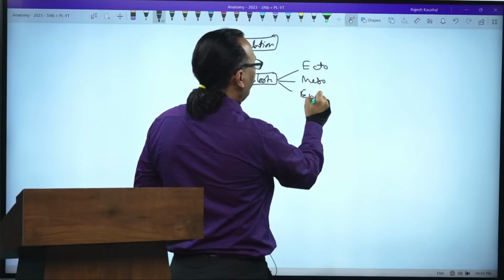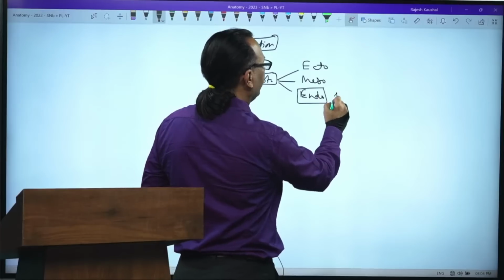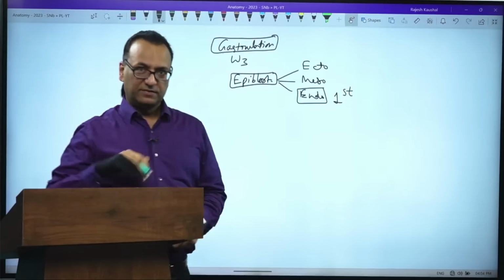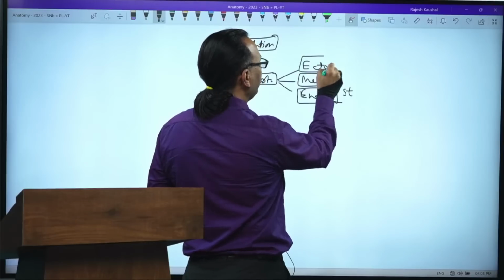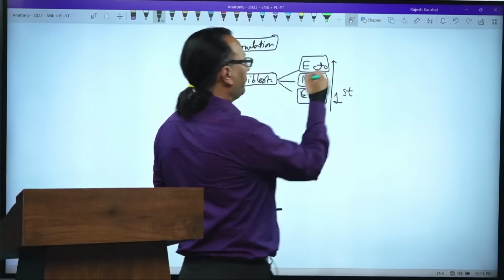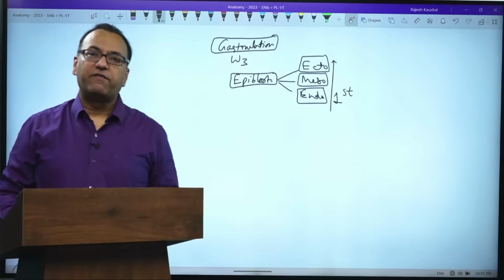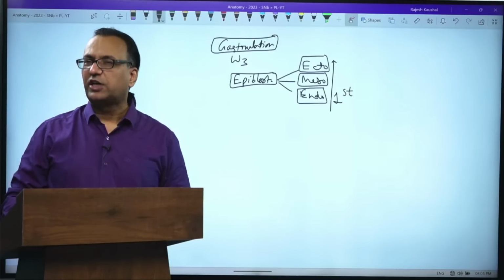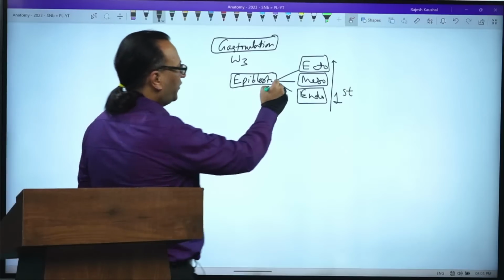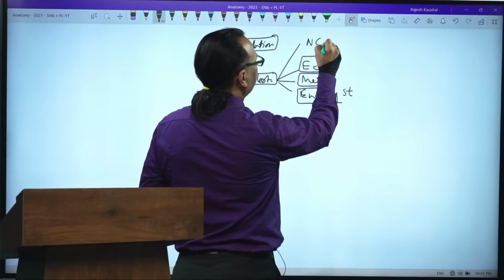The first to appear is the endoderm, next comes the mesoderm, and lastly the ectoderm. That is the sequence of development. But recently there is a concept that there is a 4th germ layer also, and that 4th germ layer is the neural crest cells.